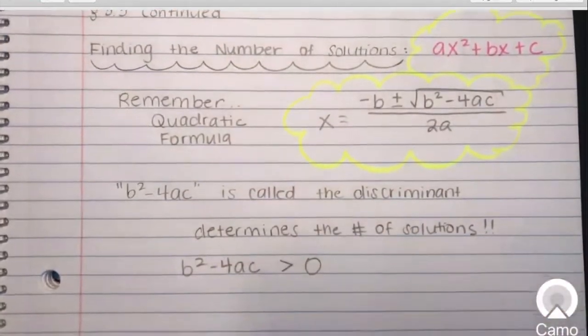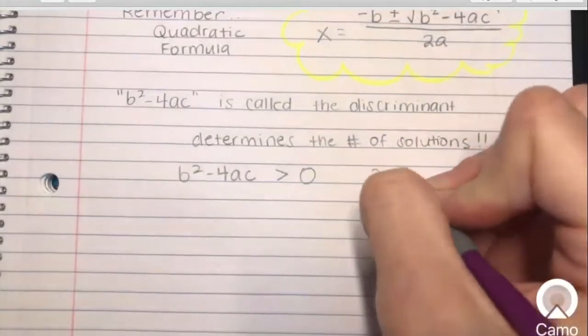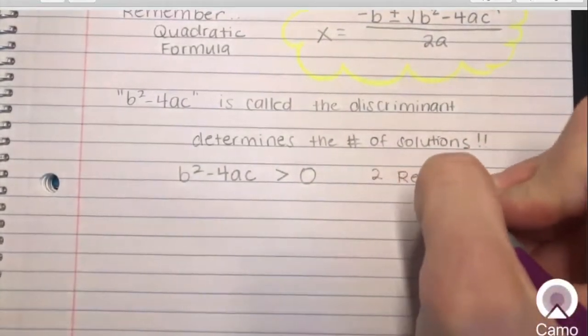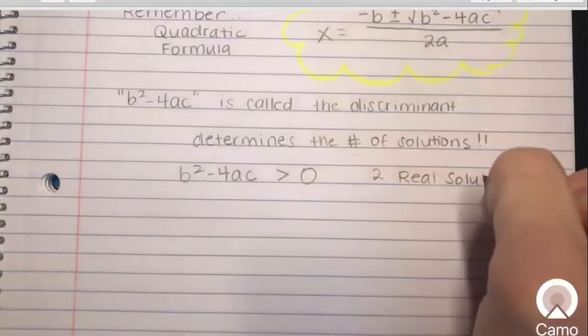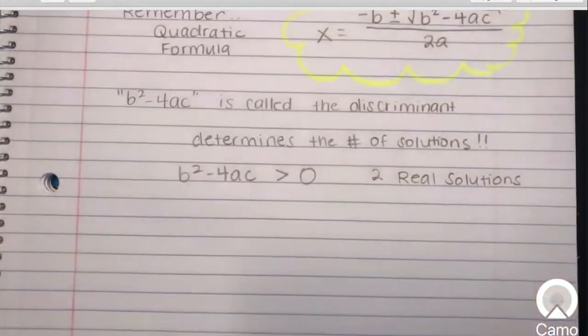If we take the square root of a positive number, it's going to have a positive root and also a negative root. So this tells us there are two real solutions, not the complex or imaginary kind. They are real numbers.